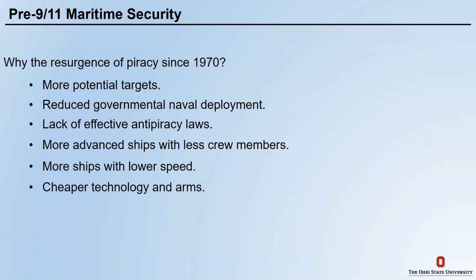We have advanced weapons to defend ourselves. So for all those ships sailing from one country to another across oceans, they do not need so many sailors anymore, which means that in general, they become easier and easier to board because fewer people are on ships, and pirates know that.